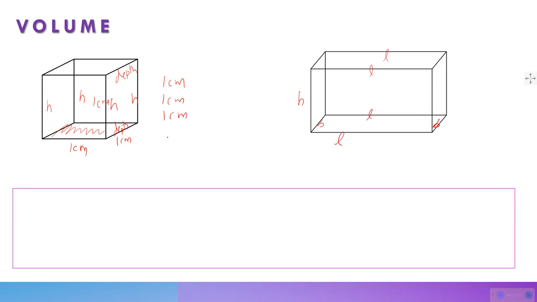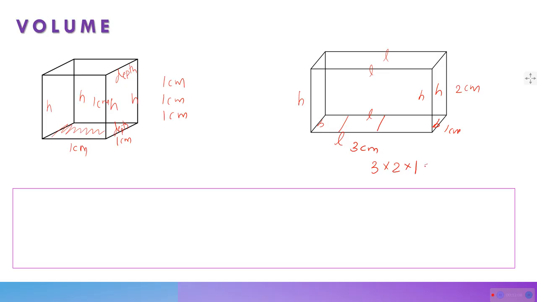So 3 times if we say, it will take 1 into 1 into 1, right? Like that, if you think of dividing this into 1 centimeter lengths, suppose there is 3 centimeter over here, and this is equal to 1 centimeter, and this is equal to 2 centimeter, I mean height we can consider, then what we will say, 3 into 2 into 1.